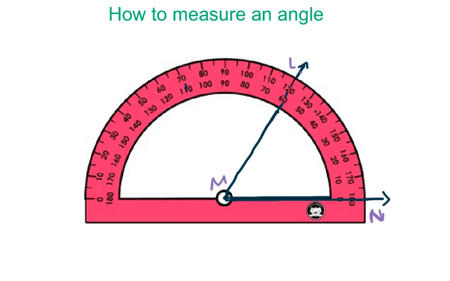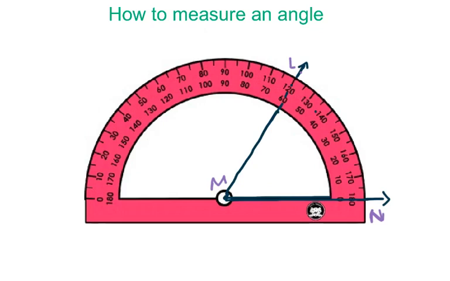If it looks like a right angle, then it has to measure exactly 90 degrees. Or if it's a really wide angle, I think this is going to be obtuse, then we know our angle measurement should be more than 90 degrees.